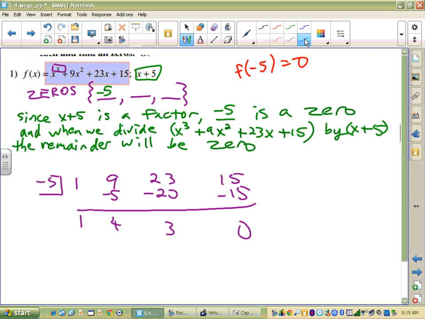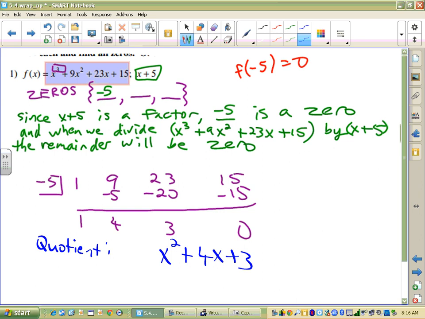But what else does it say? Well, what's our quotient, first of all? We just did this yesterday and we forgot how. Thank you. X squared plus 4x plus 3.